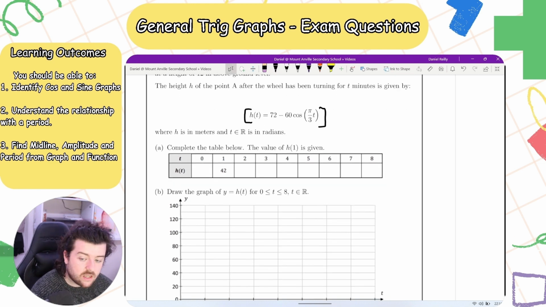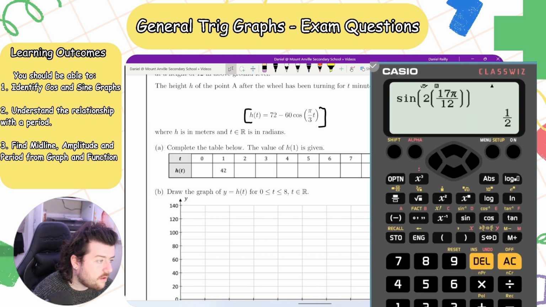Well, that's nice. Go to my calculator and open that up. f of x equals 72 minus 60 cosine pi over 3 times x, since we don't have t, so we're going to use x.